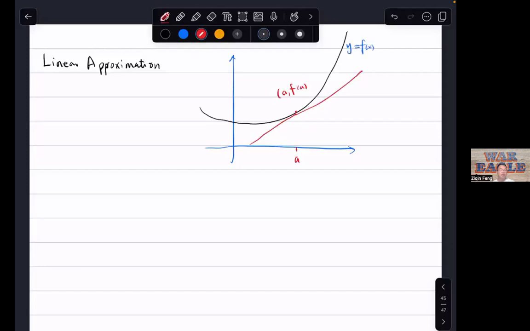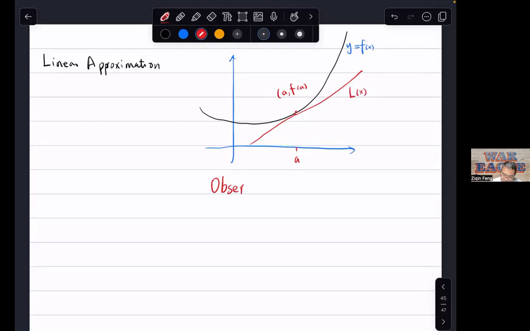But the function value is very hard to evaluate, while this tangent line equation is very easy. So we want to use our tangent line equation to approximate this very complicated curve. That's the idea. Let's call this line equation L of x, the tangent line.